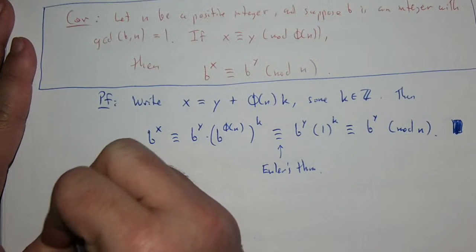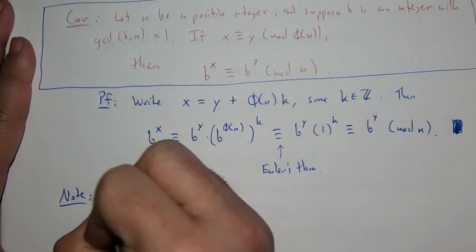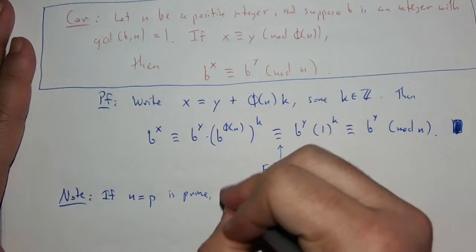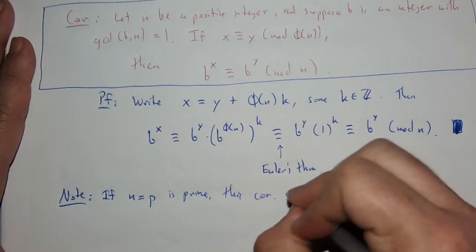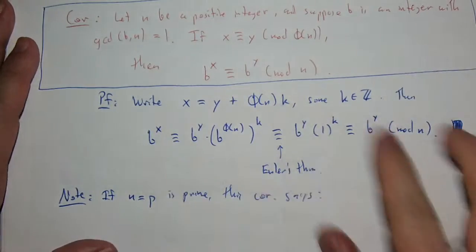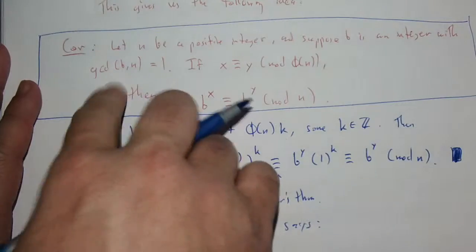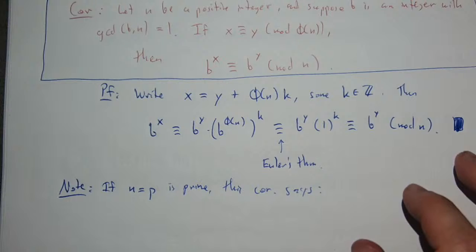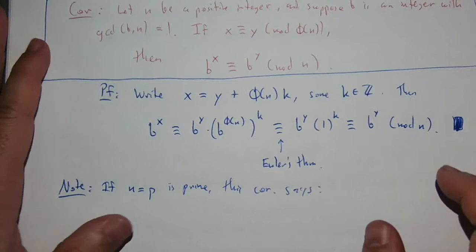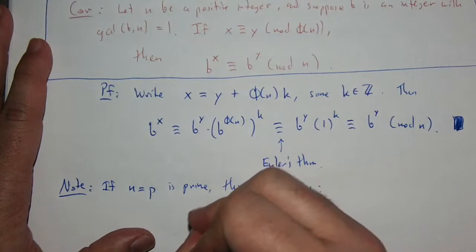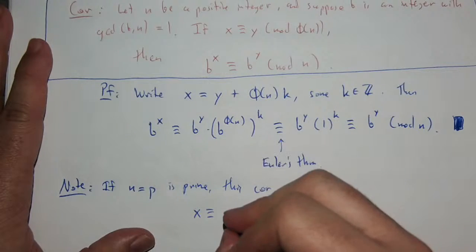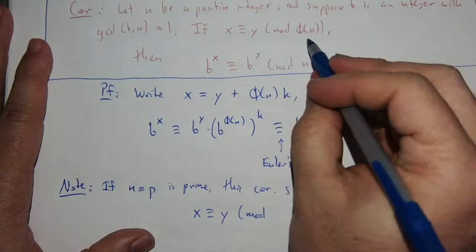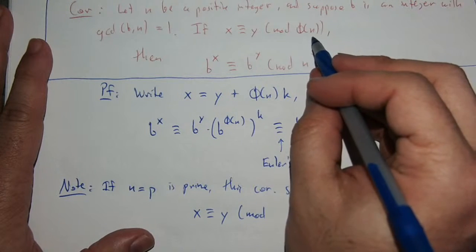So in fact, note if n is a prime, this corollary says the following. If p is prime and you have a b that is relatively prime to p, then if x is congruent to y mod phi of p, but if p is prime, phi of p is p minus 1.